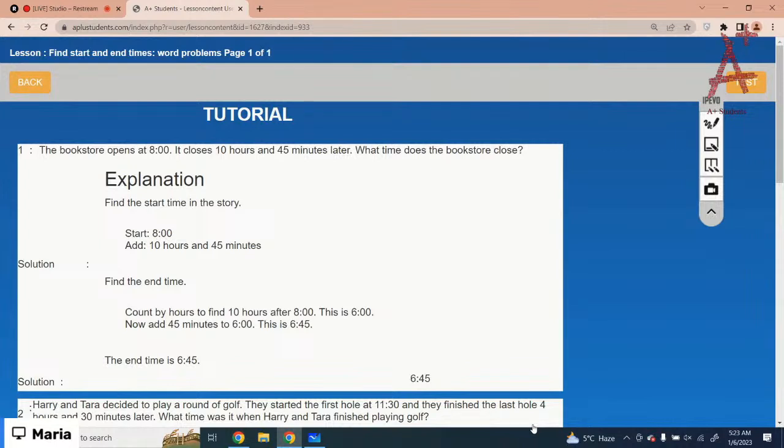You have to add 10 hours and 45 minutes to 8. When you add 10 hours to 8, it is 6. Then you have to add 45 minutes. So that means the store closes at 6:45. Got it?